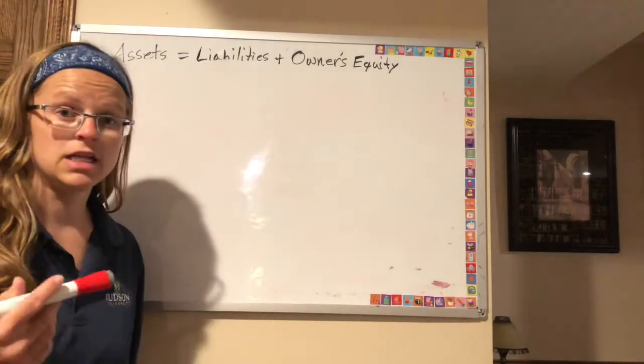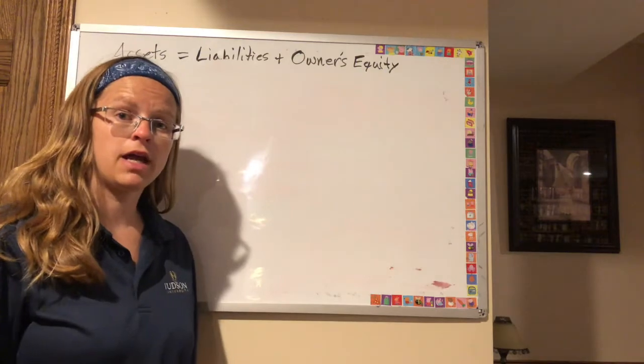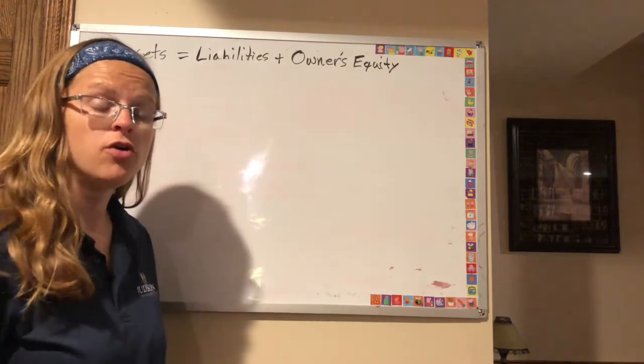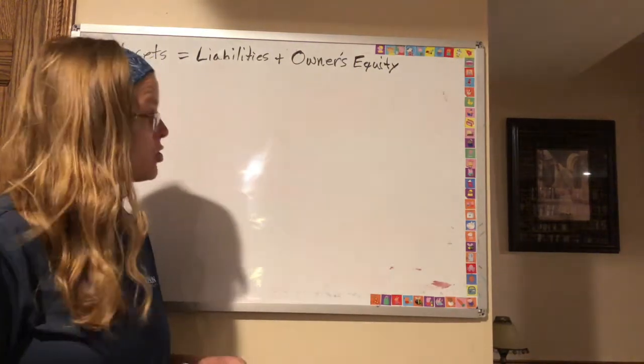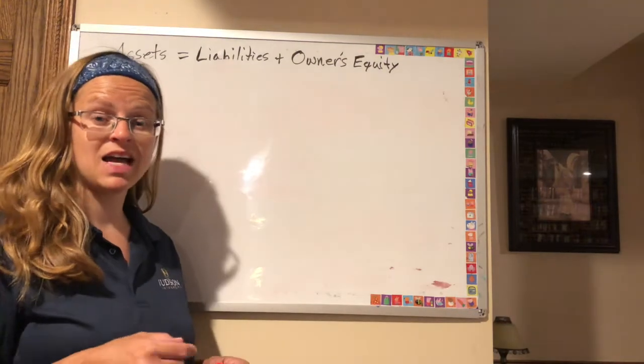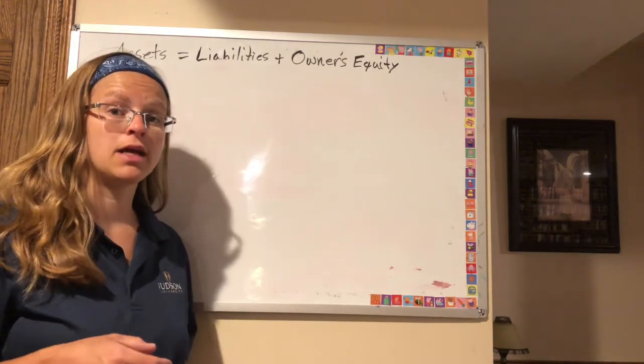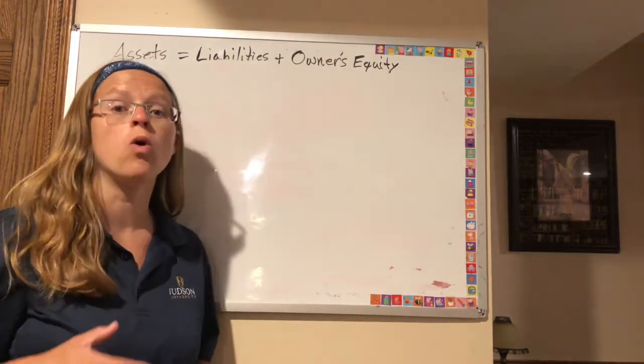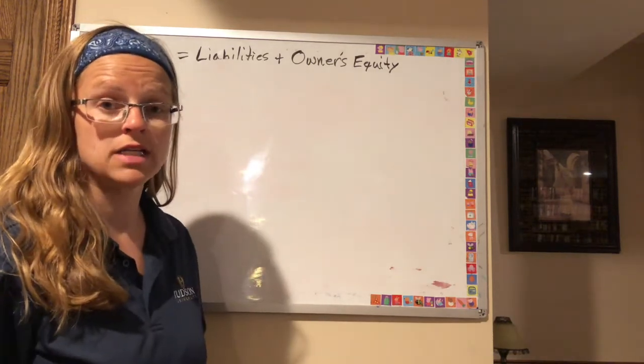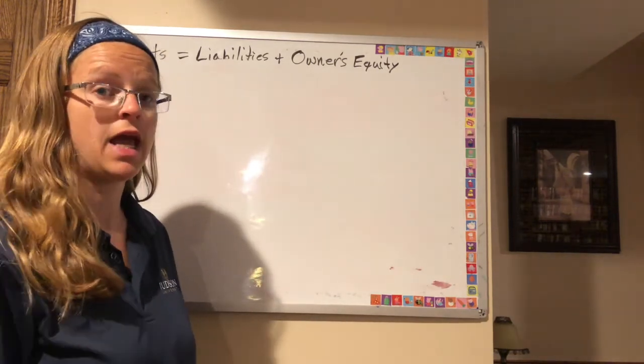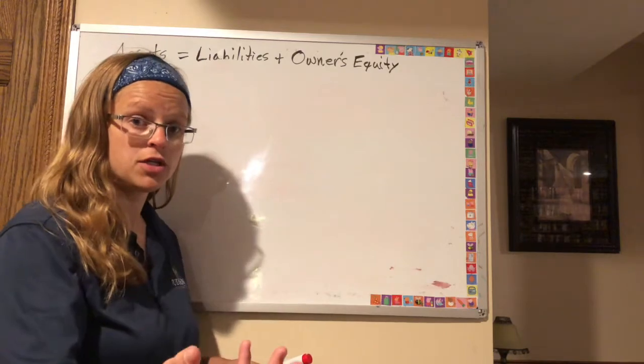So Ann needs some supplies and she needs some furniture for her facility. So she purchases supplies and furniture on account. That means that she owes for those supplies and furniture. She has not paid the cash up front.